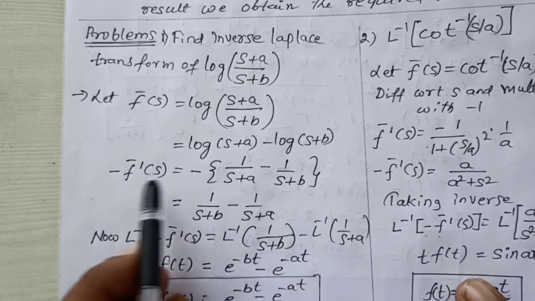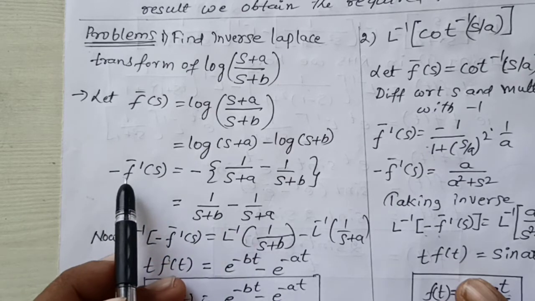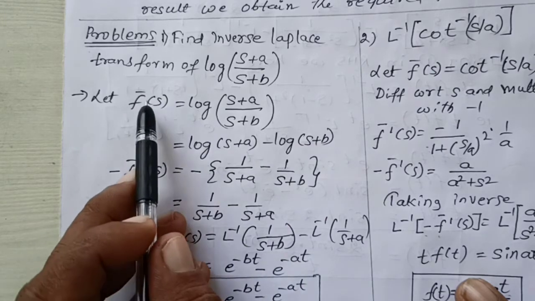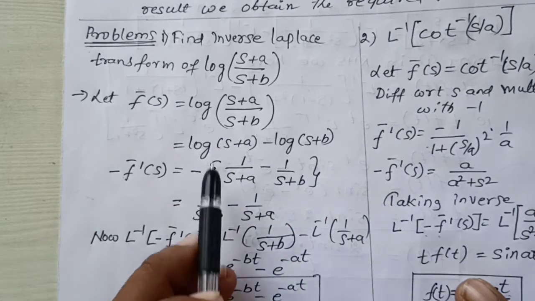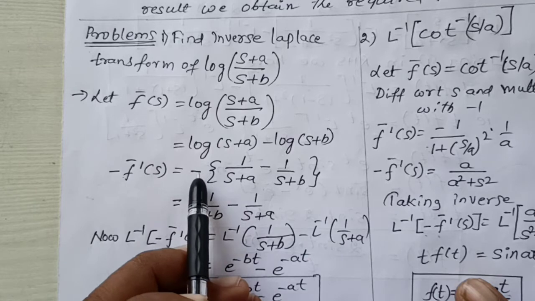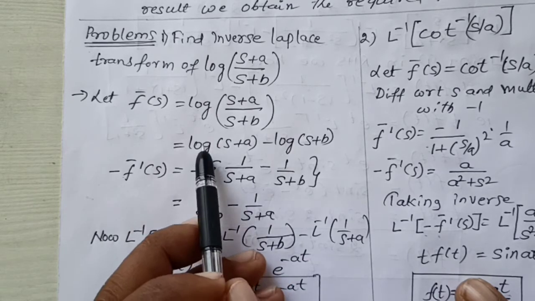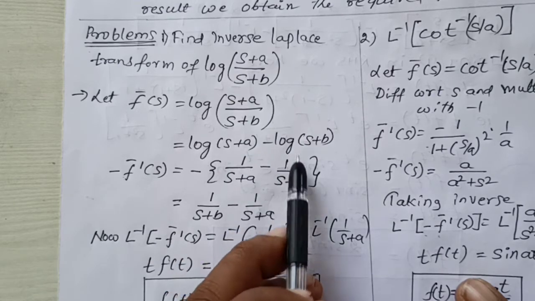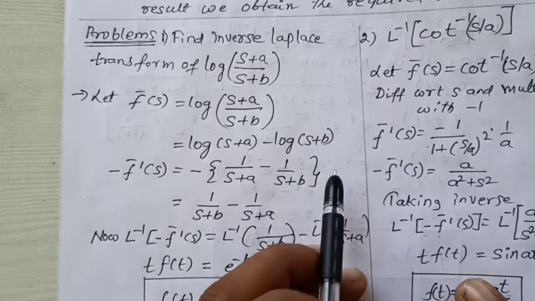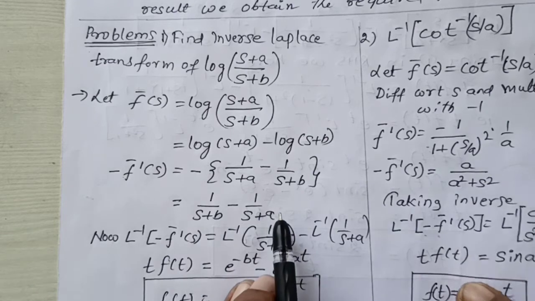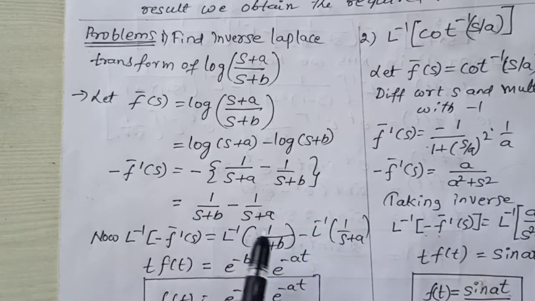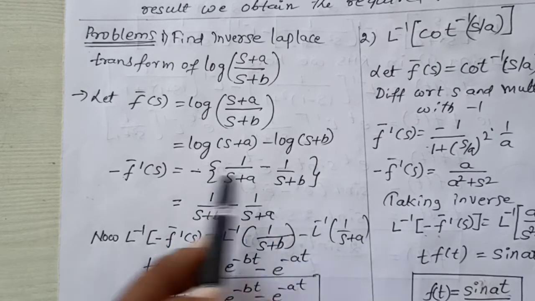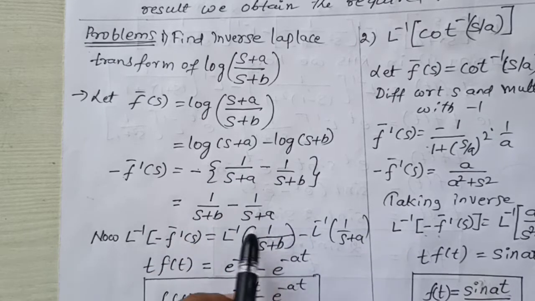Taking the minus symbol on both sides, minus f dash bar s, differentiating. Differentiation of log of s plus a is 1 upon s plus a into 1, minus log of s plus b into 1, so it is 1 upon s plus b minus 1 upon s plus a.